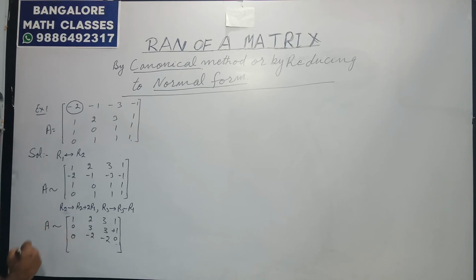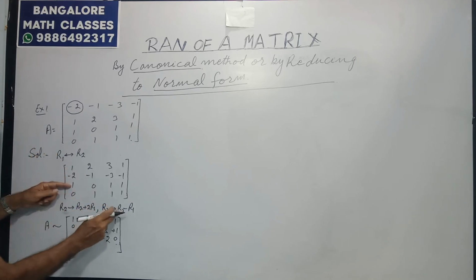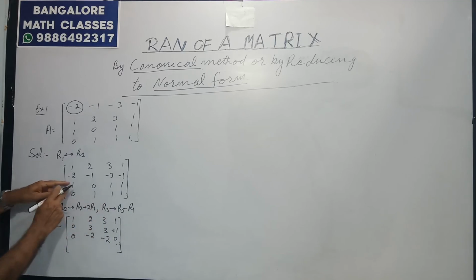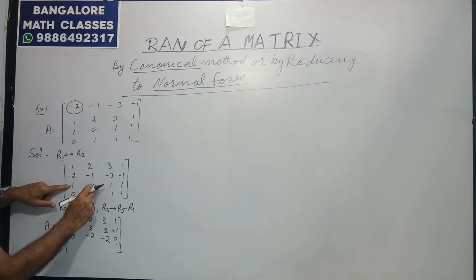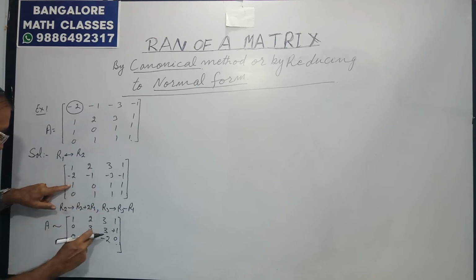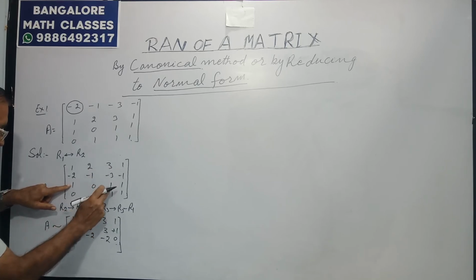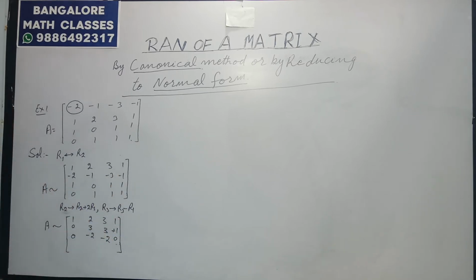I want 0 here also. What can I do? R3 minus R1: 1 minus 1 gives 0, then minus 2, minus 2, and 0. Like that you will get it. Then in the fourth row it is already 0.